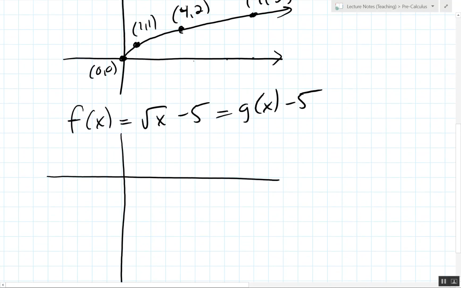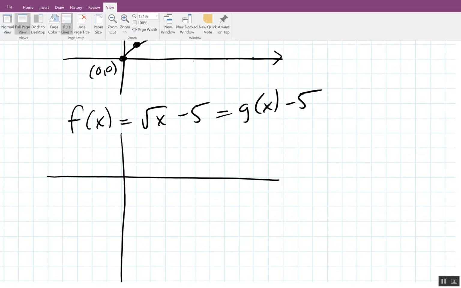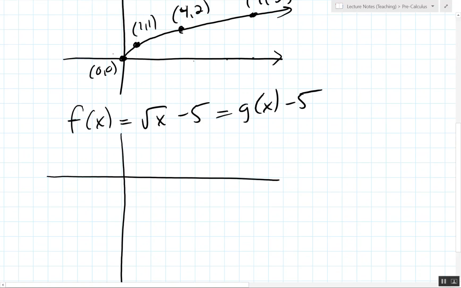We start with this point here, and we subtract 5 off of the y coordinate. That moves us down 5: 1, 2, 3, 4, 5. So we're down at the point 0, negative 5.